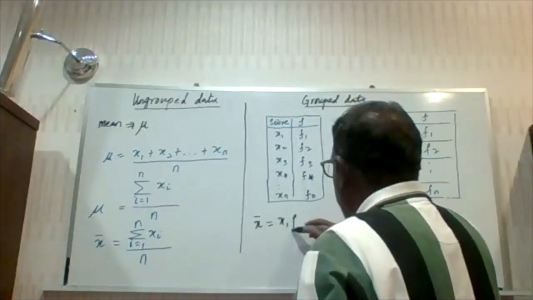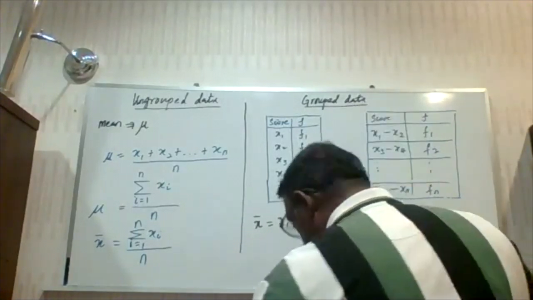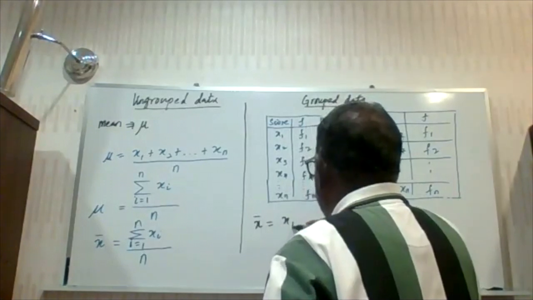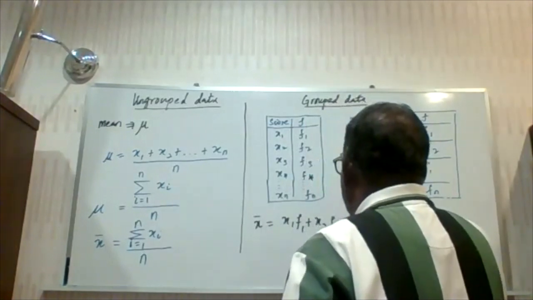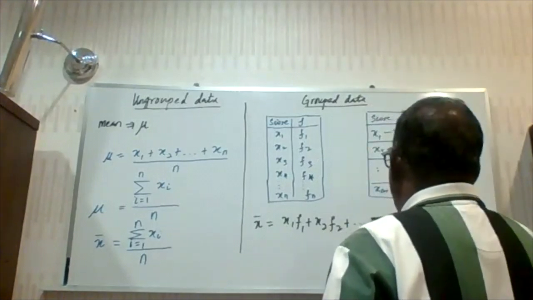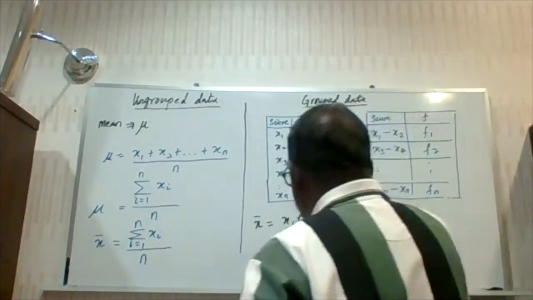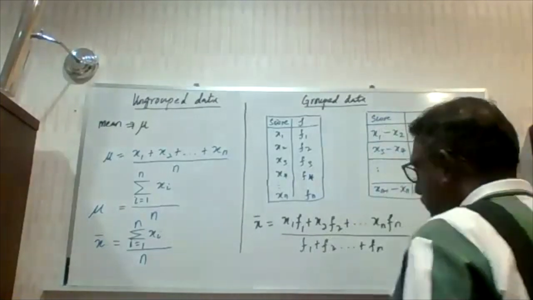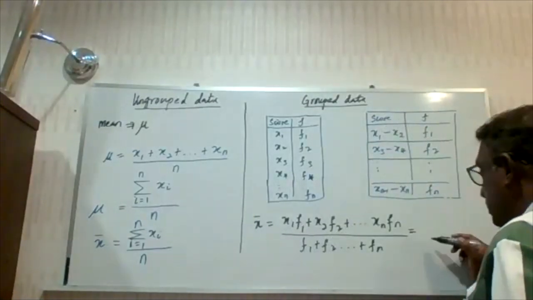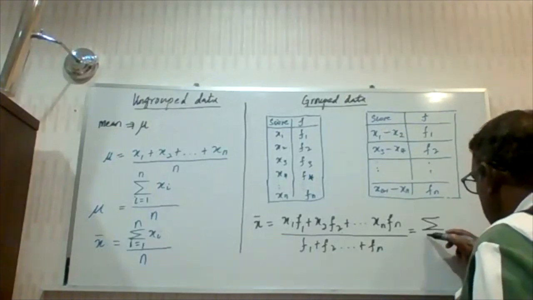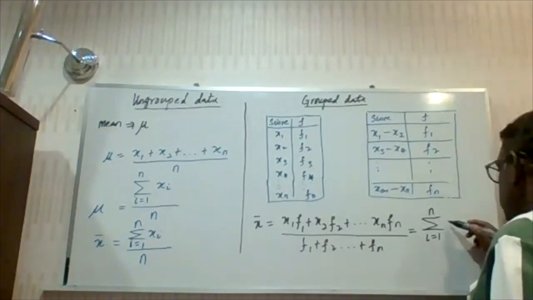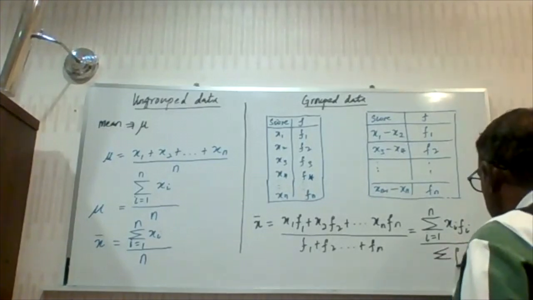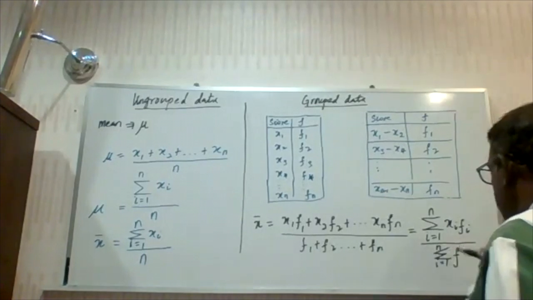So it is x1 f1 plus x2 f2, dot, dot, dot, xn fn, and the whole thing is over f1 plus f2, dot, dot, dot, plus fn, which is simplified, in the sigma notation, as sigma of xi fi, i equals 1 to n, over sigma f, i equals 1 to n. You can put either one first, it doesn't matter, so I stick to the earlier one.